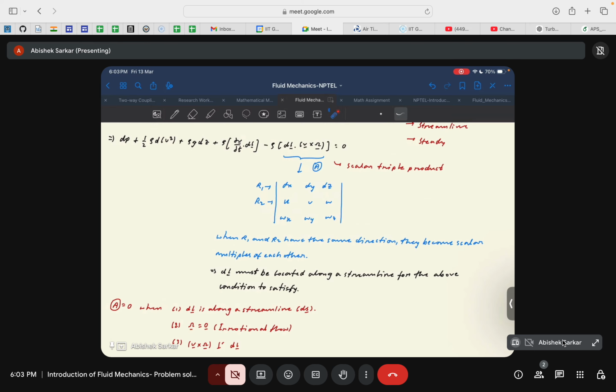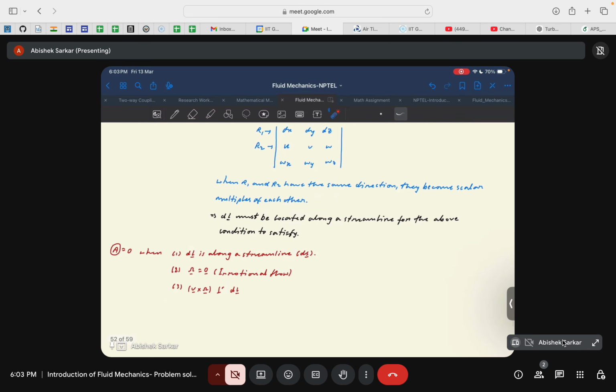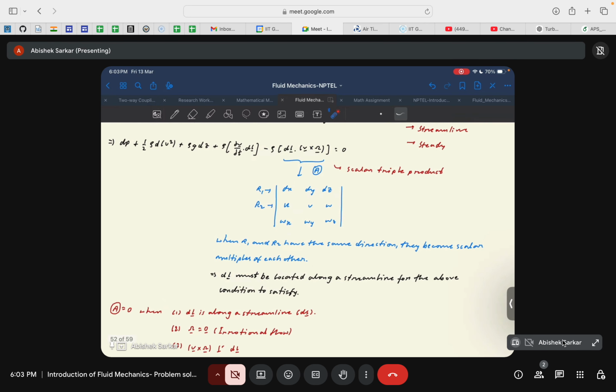But usually it's the mix of the first two. Either we consider that the flow is along a streamline, so we consider the first term to be 0, or we say that the flow is irrotational itself. And you will see that if the flow becomes irrotational, then the applicability of Bernoulli's equation becomes much more universal, much more useful.